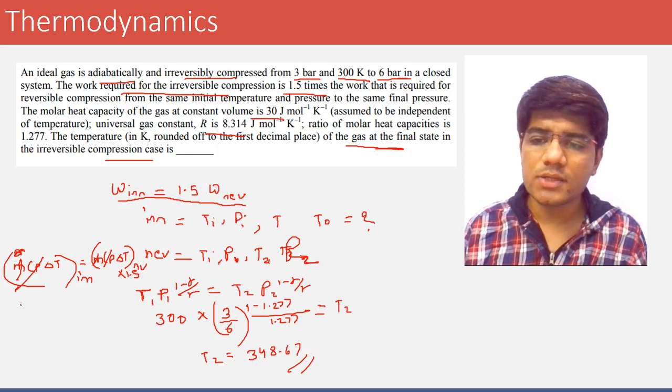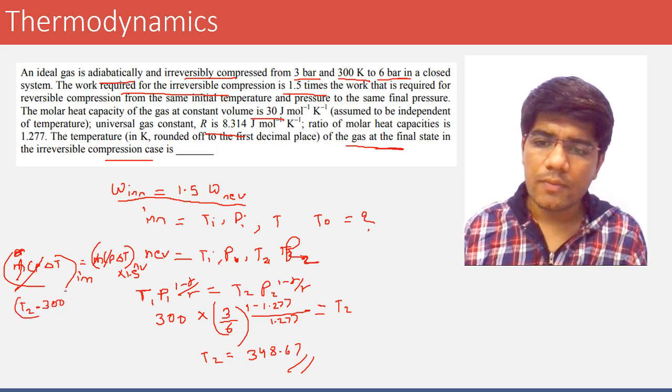Irreversible compression means T2 final minus T1, which is 300, equals 1.5 times 348.67 minus 300.